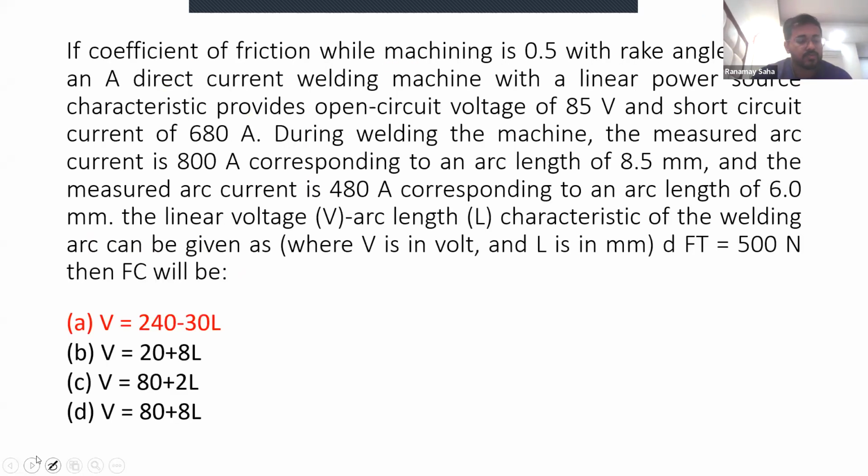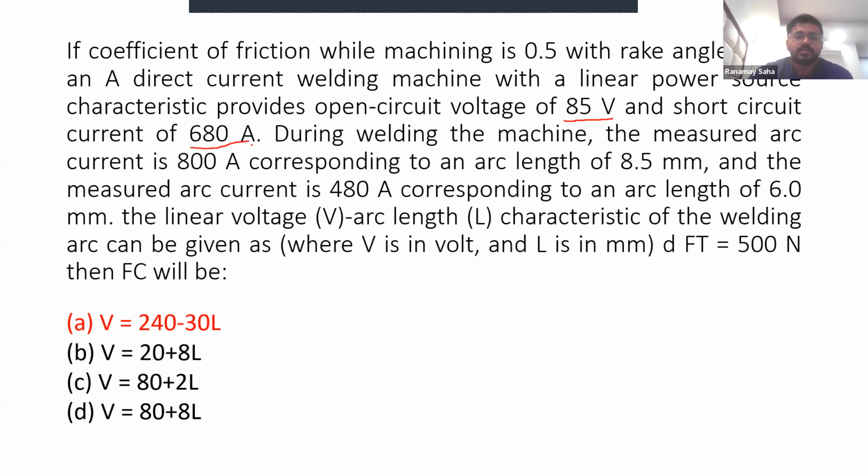Okay, so the next one was a question out of arc characteristics during welding. And then you have here that the coefficient of friction is given as 0.5. Rake angle is 20 degrees. For a direct current welding machine, the linear process characteristics give your open circuit voltage as 85 volts and short circuit current of 680 amperes.